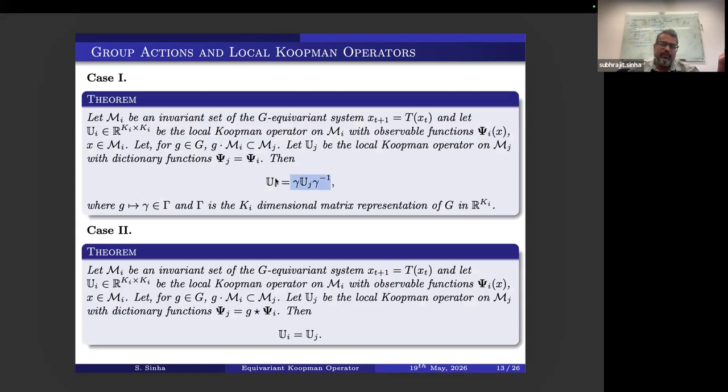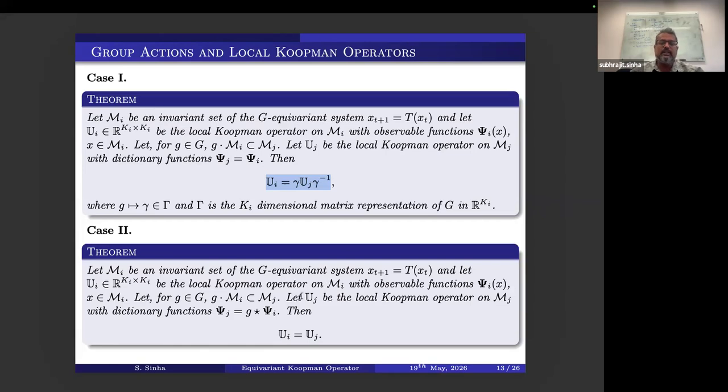In these two cases, we have two different results. If we use the same dictionary function on both M_i and M_j, then the local Koopman operators follow this relation. This is exactly that similarity transformation relation that we observed in the first slide, which clarifies why that coincidence was happening.